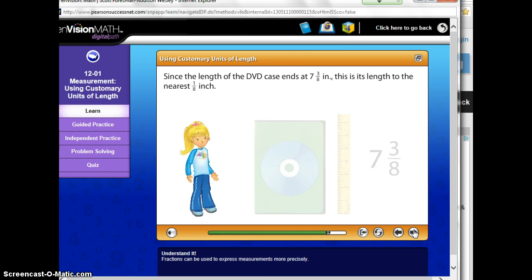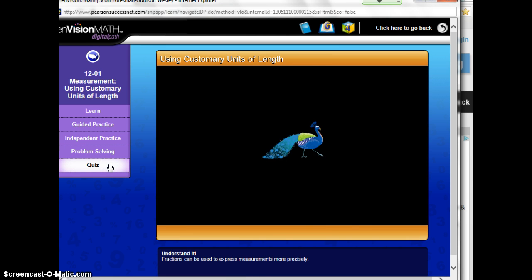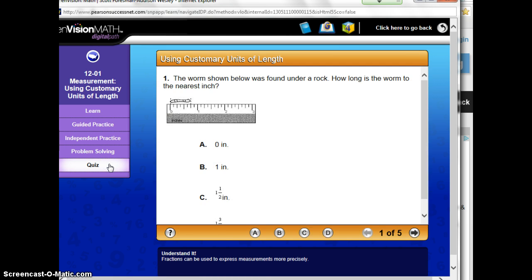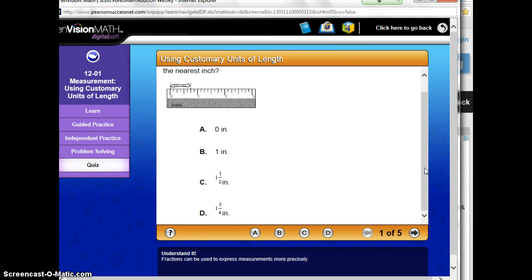Okay. I want you guys to take a little quiz with me together. So if this worm was found under a rock and we wanted to measure it to the nearest inch, look at your choices. What would be the right answer? To the nearest inch. Kiara?